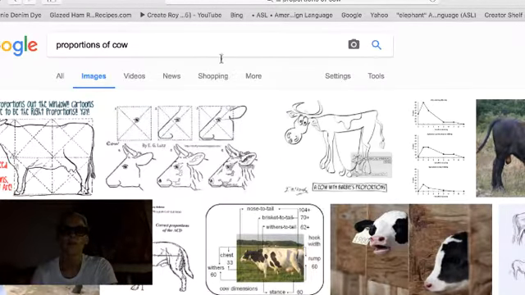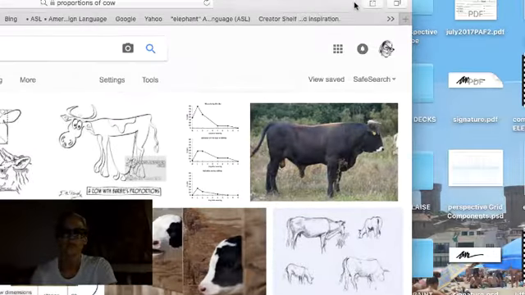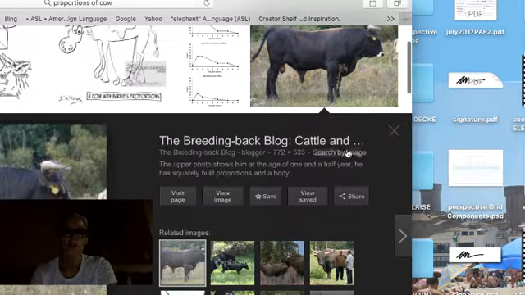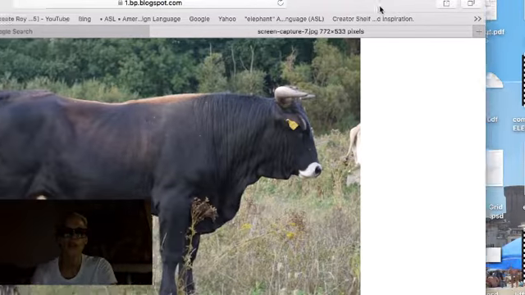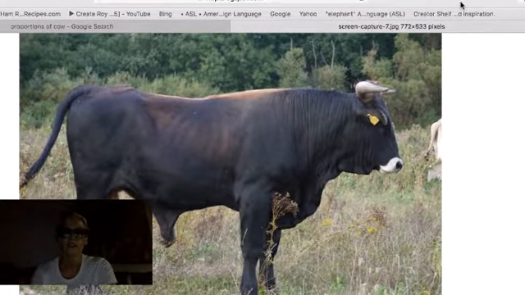And we started talking about things like proportions of the bull. I was saying that from the back down to the legs is really a big square, and then you have the head coming out.